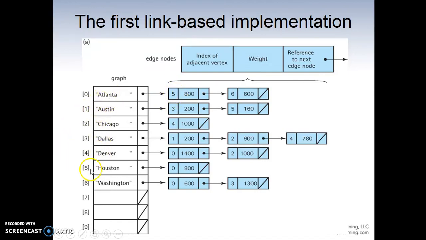Like Atlanta points to Houston and links to the linked list of edges, which is weight 800, and then 600.